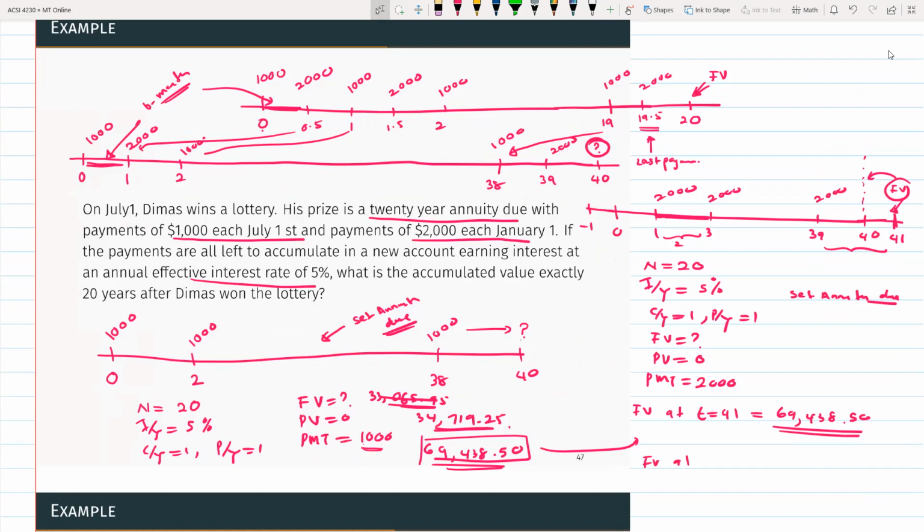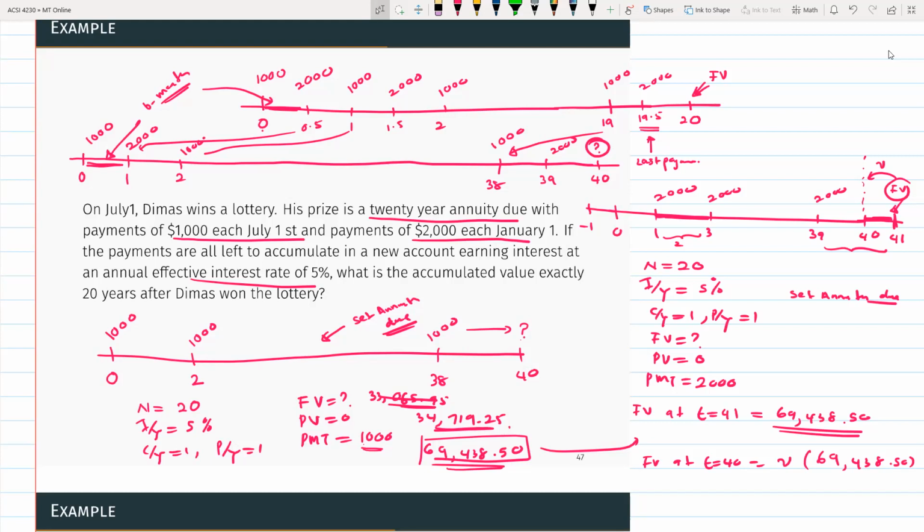So for the future value at t equal 40, you have to discount by v. So v times this value. What's v? This is actually 6 months. Remember, even though it looks like the difference is one, it's not 1 year, it's 6 months. So what's the effective rate for 6 months?